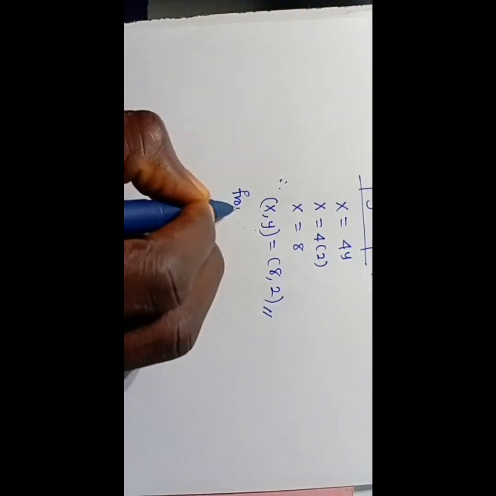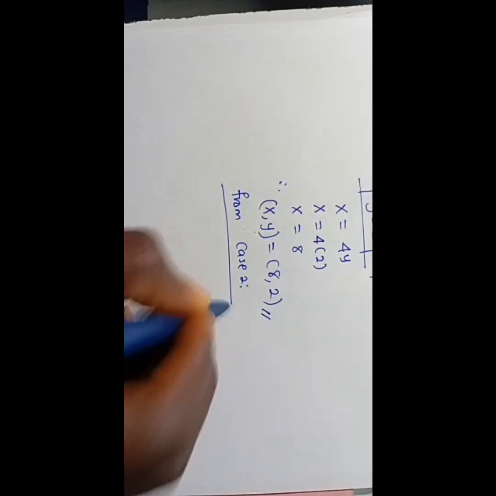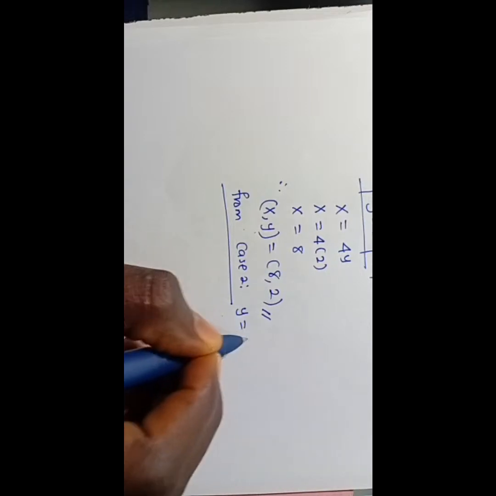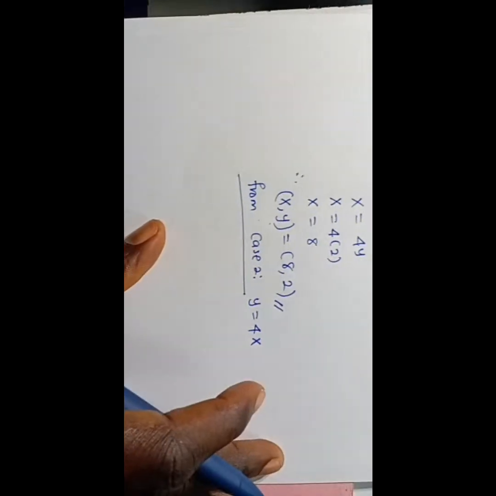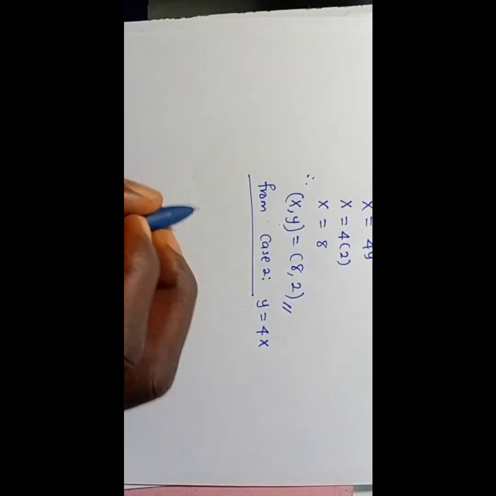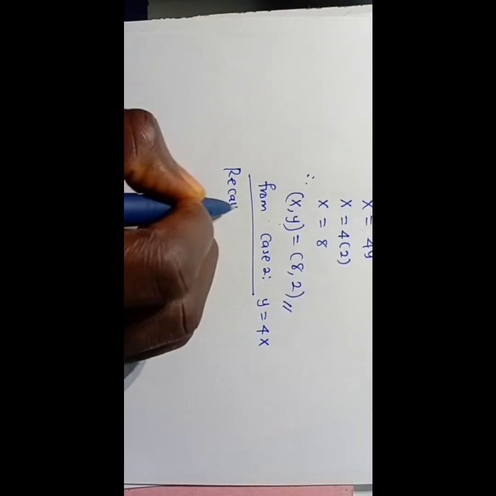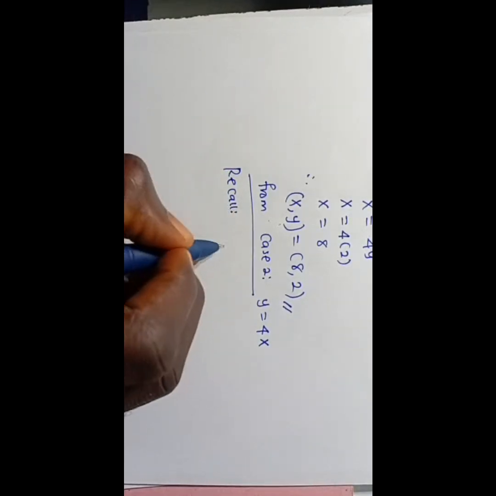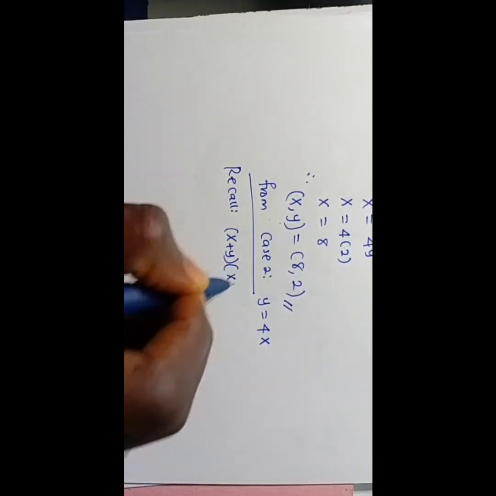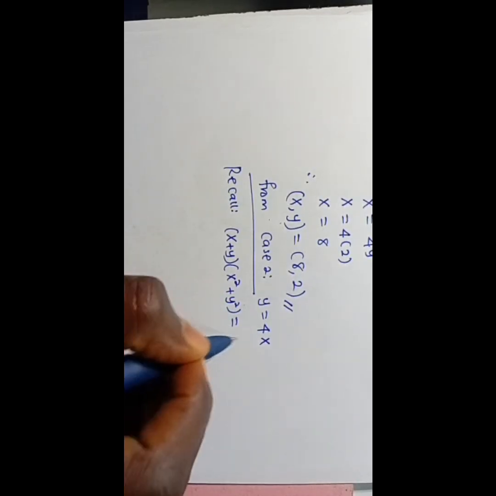Then from case 2, where we have y equals 4x. Now, y equals 4x. So recall (x + y)(x² + y²) equals 680.